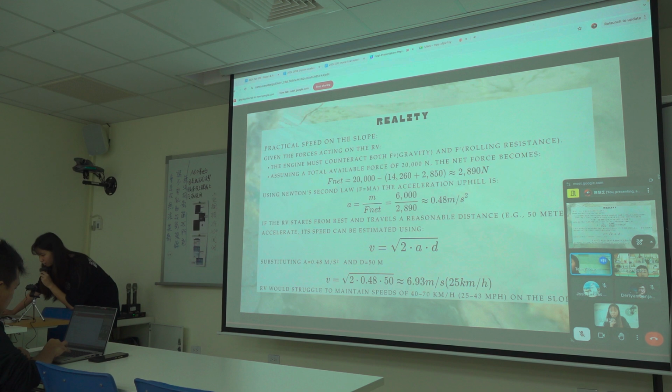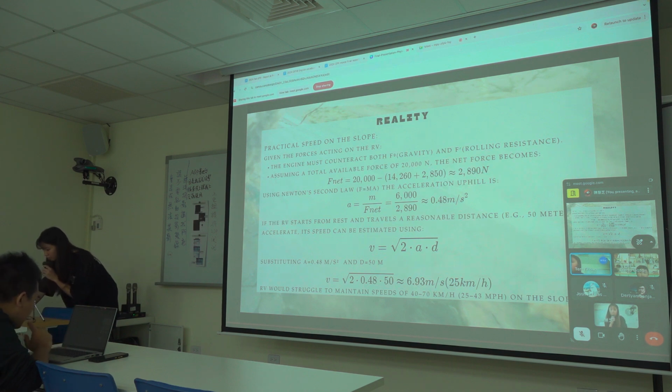Using Newton's second law, I get the acceleration, which is 0.48 meters per second squared. And after I calculate the speed again, because of the resistance, the RV speed can only reach 6.93 meters per second, which is 25 kilometers per hour.